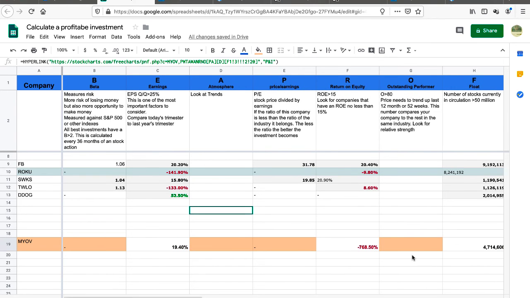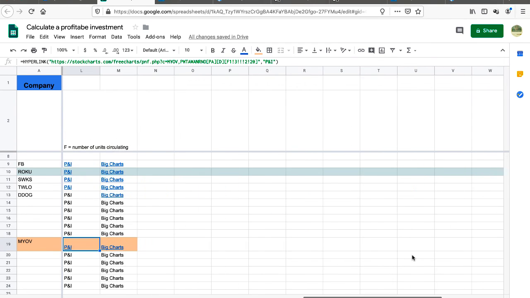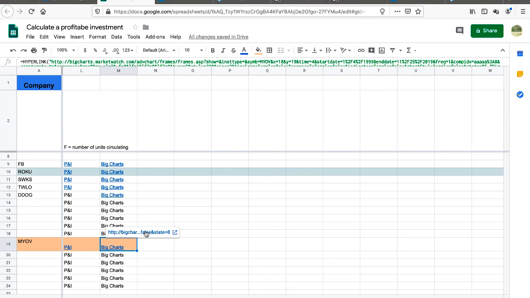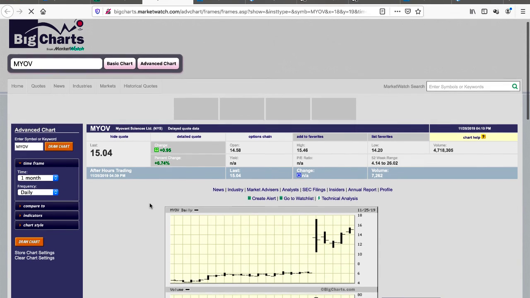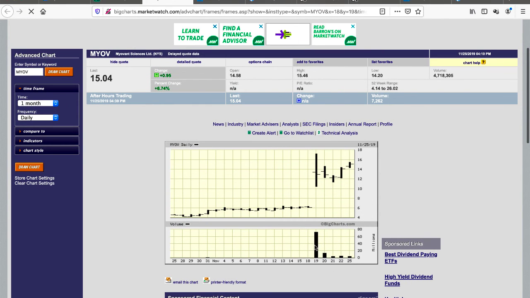And the last thing that we want to check is big charts. Okay, for big charts, let's see that 19 here, and then this price here, how it shot up, and then this is where it opened, and it went all the way up, and then this is where it closed.